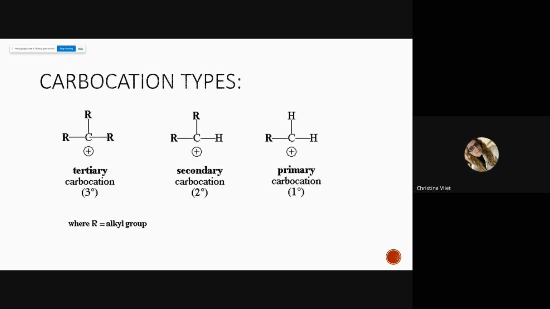There are different types of carbocations that exist. Remember how there were primary alcohols and secondary alcohols and tertiary alcohols? This is the same thing going on. You can have in a mechanism a primary carbocation, which means that the carbon with the positive charge is only connected to one other carbon. Remember, our groups stand for rest, and it's usually some amount of carbon chain.